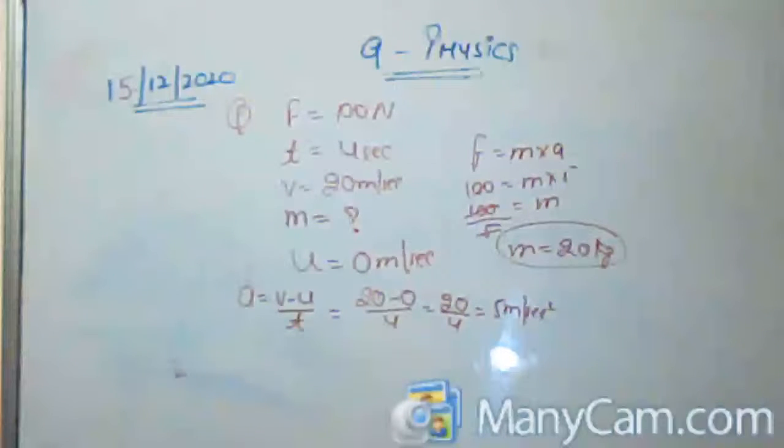Find the time taken by the body to move through a distance of 54 meter.